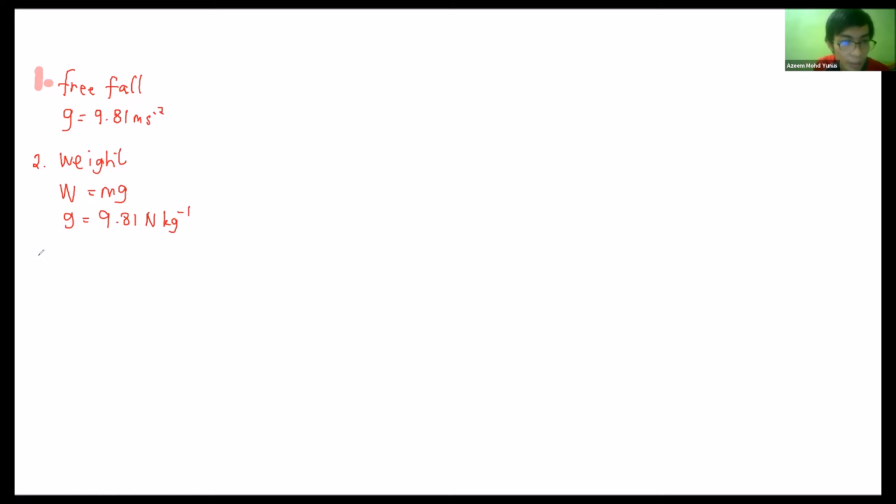Okay. Number 3, we learn about Newton's universal law of gravitation. The formula looks like this. We have big G, big M, small m over r squared. We introduce a new constant, big G here, which is the gravitational constant, 6.67 times 10 to the power of negative 22 Newton m squared kilogram negative 2.